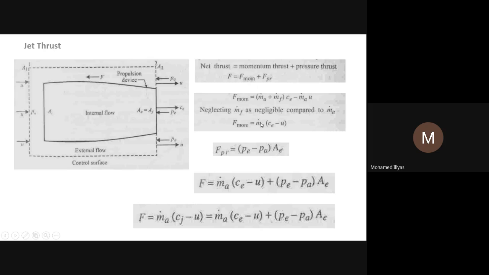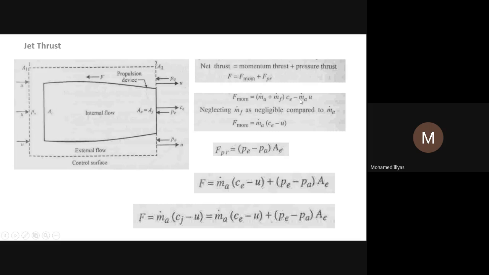We call it the exit velocity of the gas at the nozzle, and this is nothing but your flight speed. This difference in velocity, in addition to the mass flow rate, will give us the momentum thrust.